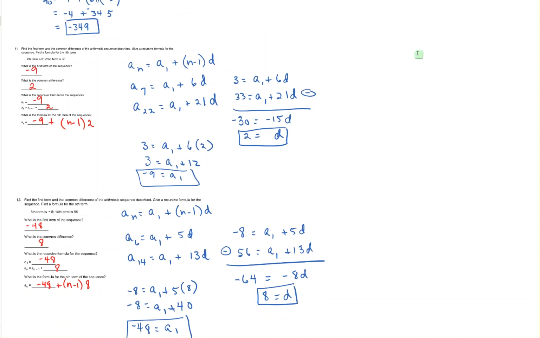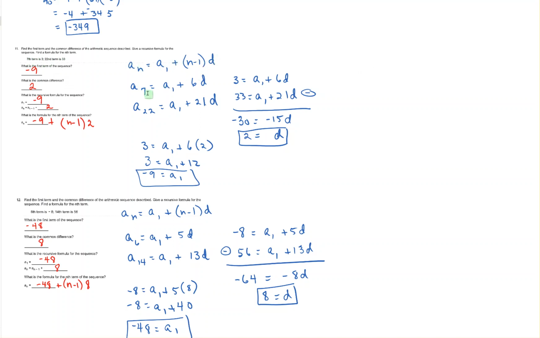Number 11, find the first term and the common difference of this sequence. And so we're going to use our algebra here. All they give us is that the 7th term is 3 and the 22nd term is 33. So remember, this is our general thing.